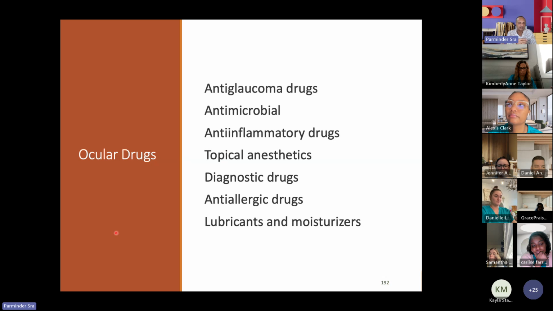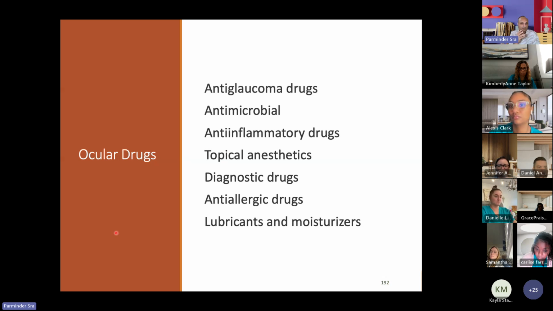Anesthetics are needed for temporary relief from discomfort, or maybe for a procedure. Diagnostic drugs, for example your dilated eye exams. Anti-allergics for allergy symptoms, redness, and watery eyes, and lubricants for dry eyes.